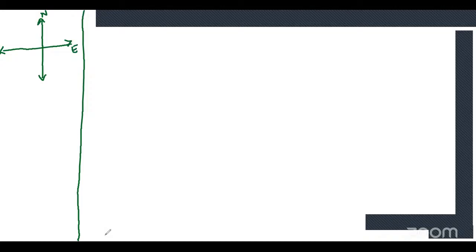How we find that direction, we'll discuss afterwards. Also northwest, how we'll calculate, or southeast, how we'll calculate, that also I'll discuss.